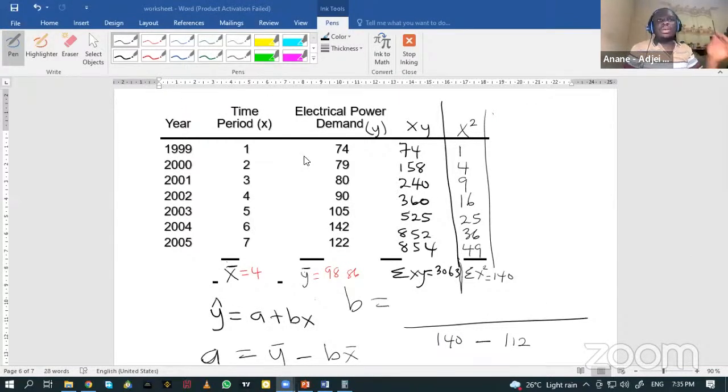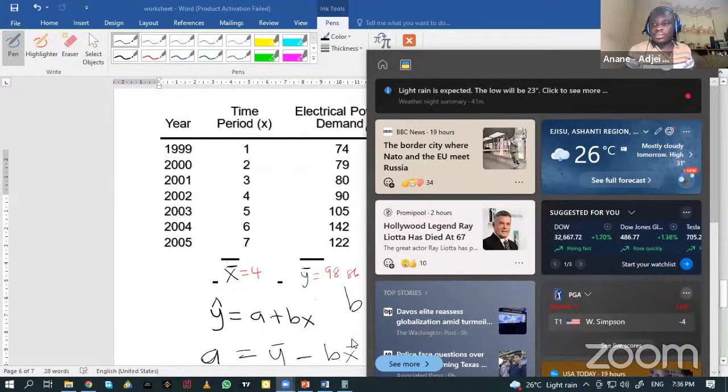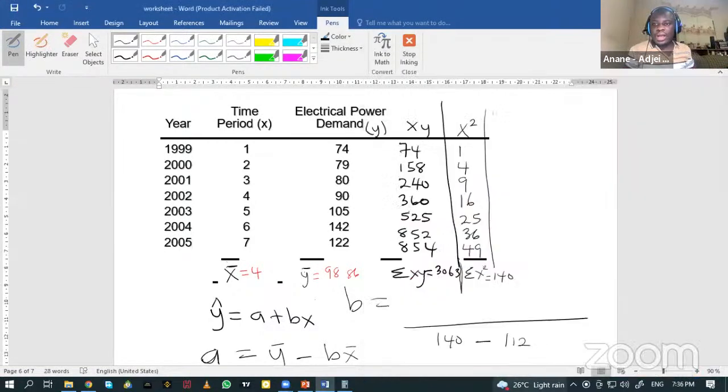Okay, somebody was asking, how did you get the 112? Imbia Nancy Nyame, you're asking how we got 112. Please, the formula over here was n x bar square, and we know n to be 7.